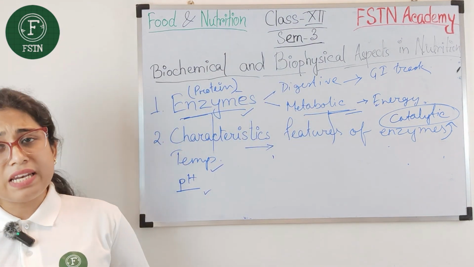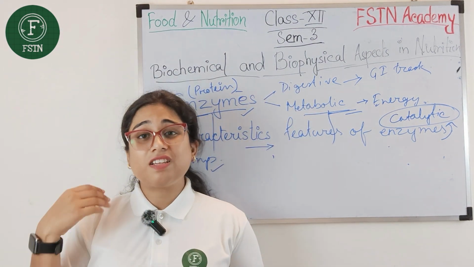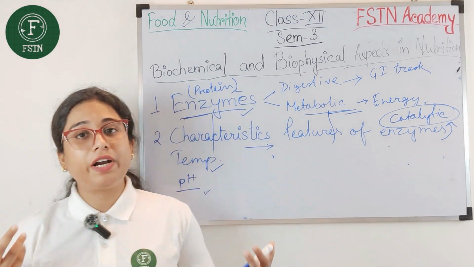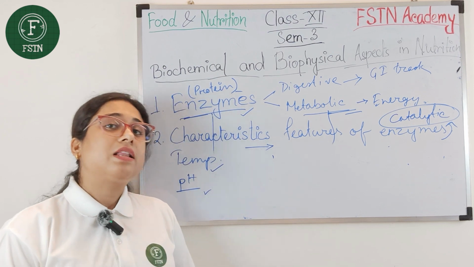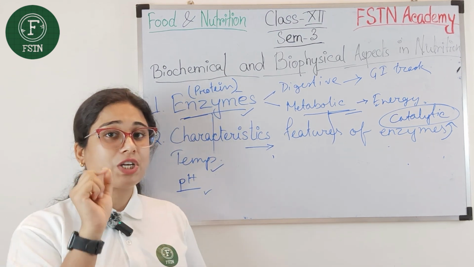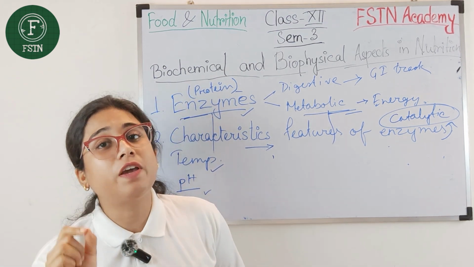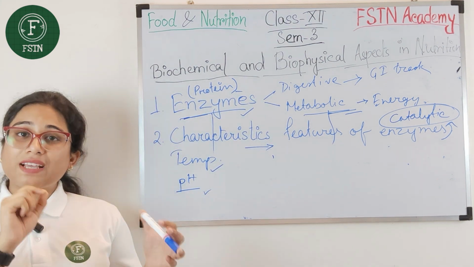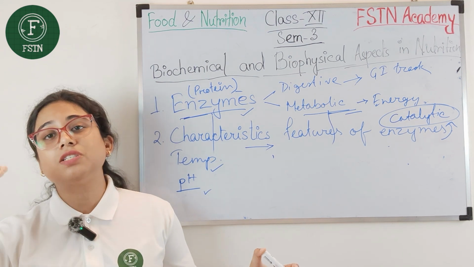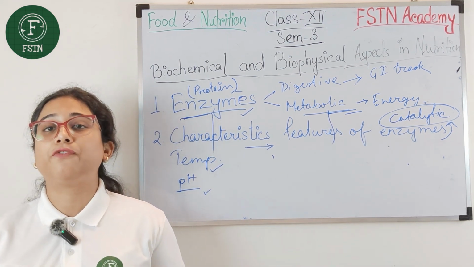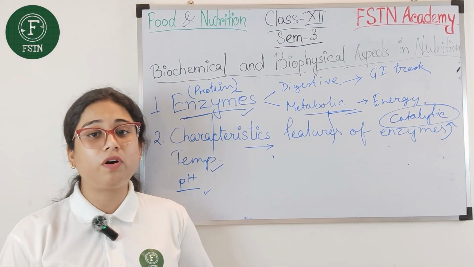Okay. Next, I will go for the specificity. I have already mentioned these features. The specificity means that each and every reaction needs its specific enzymes. Except for those specific enzymes, the reactions will not perform in the proper way in our body.